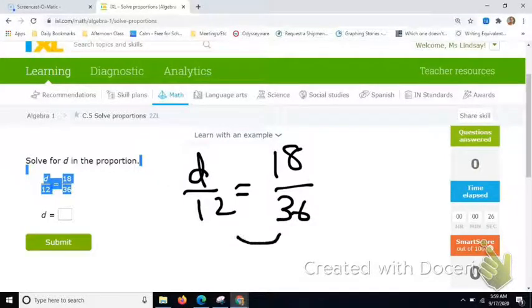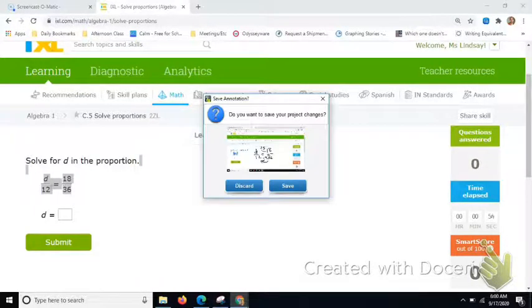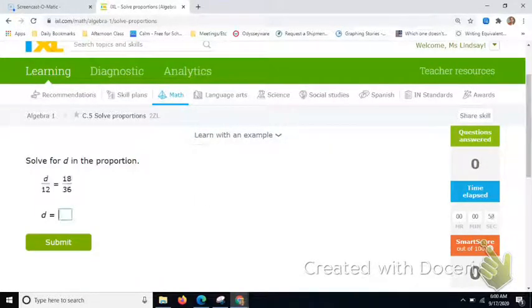To get from here to here, divide by 3. So then here to here would also have to be divide by 3, which would make that 6. You might also notice that 18 over 36, 18 is half of 36, 6 is half of 12.